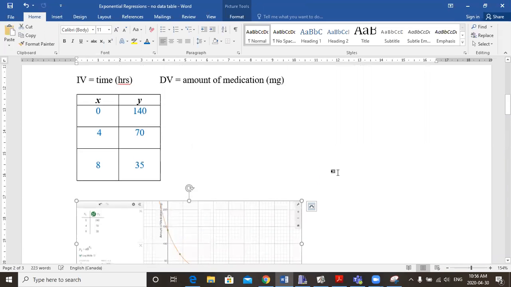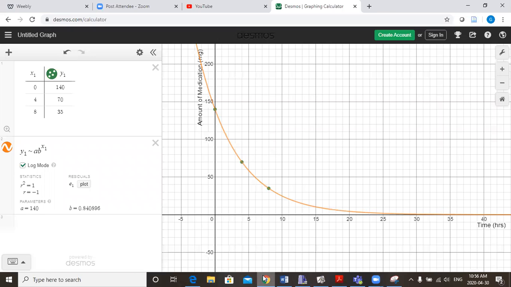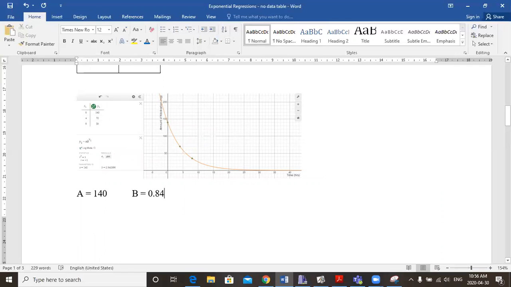Based on this, our A value is 140 and our B value is 0.84. Now our exponential regression model, y1 tilde ab to the power of x1.